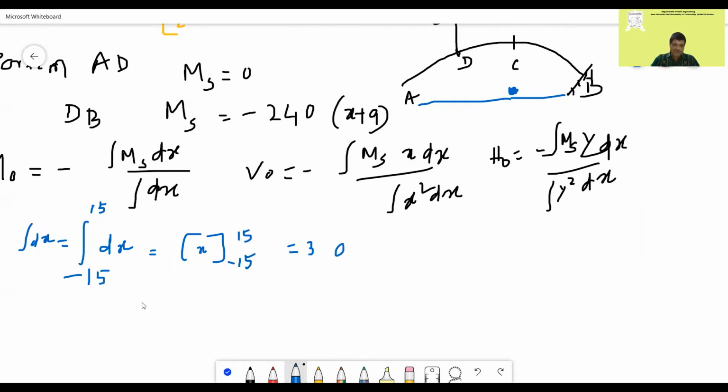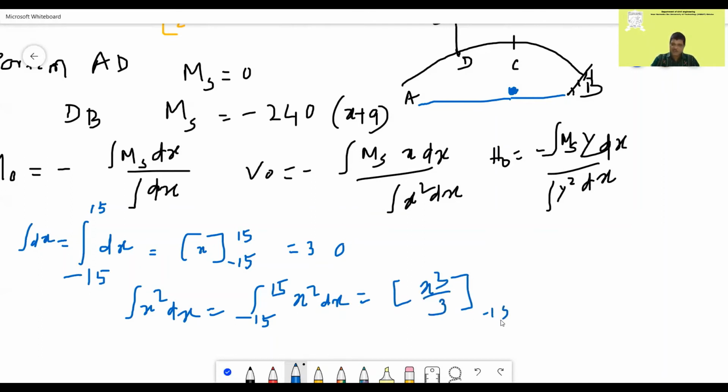Now similarly find x square dx. What will be the x square dx? Again minus 15 to 15. So it will be x cube by 3, minus 15 to plus 15. Calculate this value, and this will come as 2250.